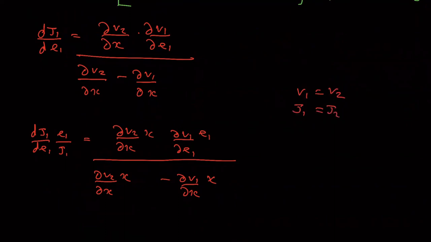So if I divide all sides by J1, that's as if I divided by V2, or in this case V1, and up here J1, V2.